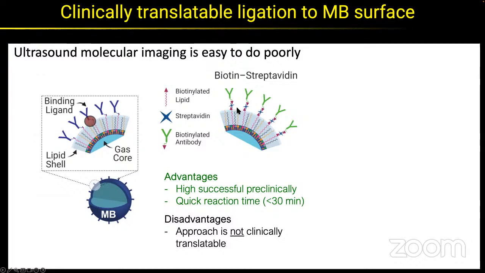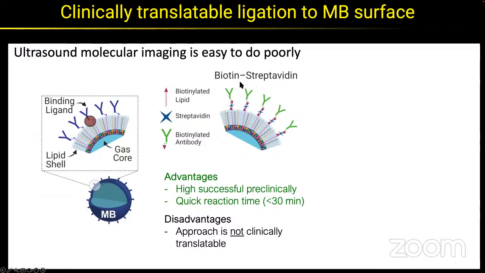These are just biological proteins made by Streptococcus, and they interact and form a really, really strong bond together. It's commonly used in molecular biology. It's really quick, and you do it at physiological time points. The problem is it's immunogenic, and so you can't actually translate this.